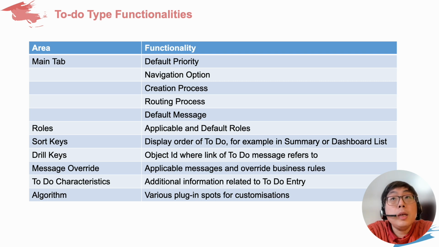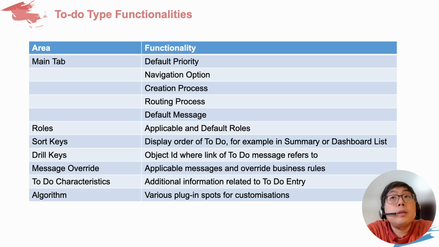The drill key is where the object ID is populated, and that is linked to the navigation option we were looking at. So for example, if you want the To Do to be raised on a particular object, say a service point, then your navigation option should point to service points, and your object ID should be the service point ID.